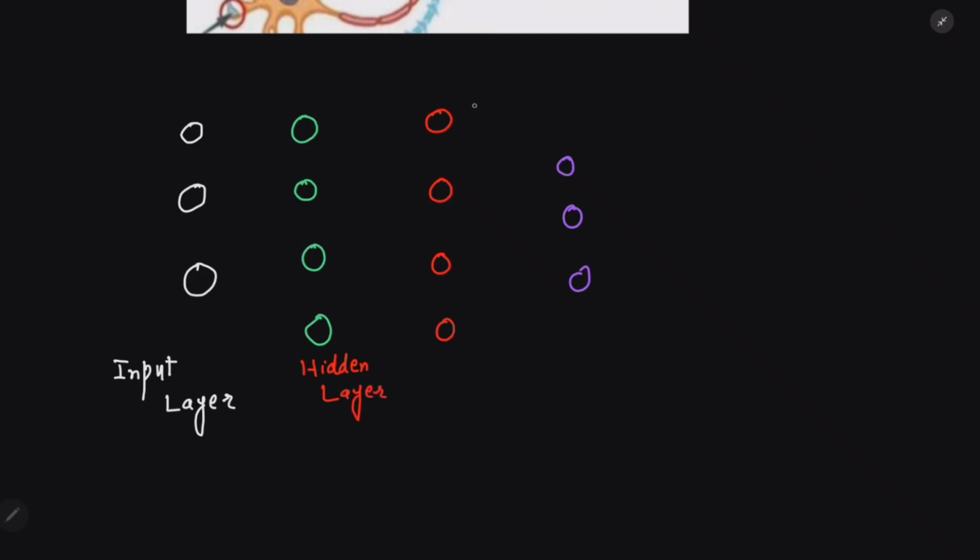Since there are two hidden layers, maybe I should introduce the output layer as well, so you can understand what the hidden layers are. This is the output layer. Since there are two layers between input and output, this is called hidden layer 1, and the second one is hidden layer 2.